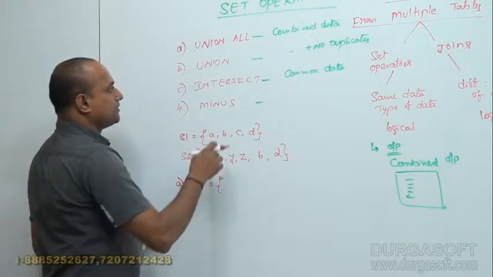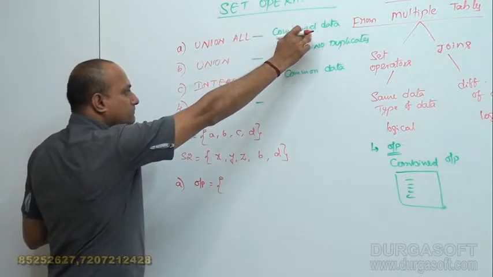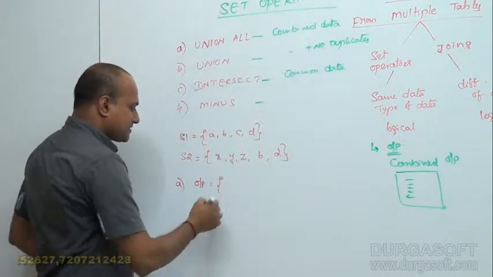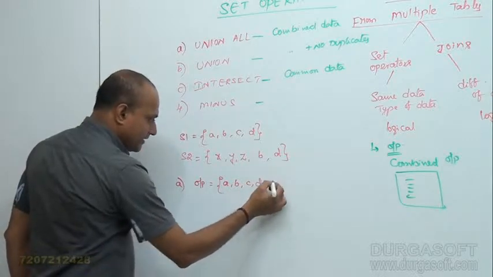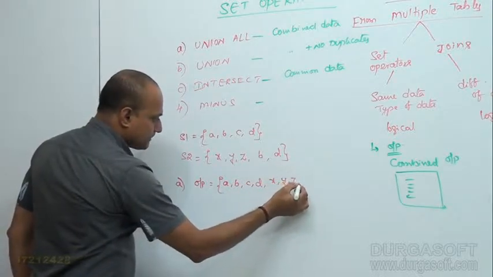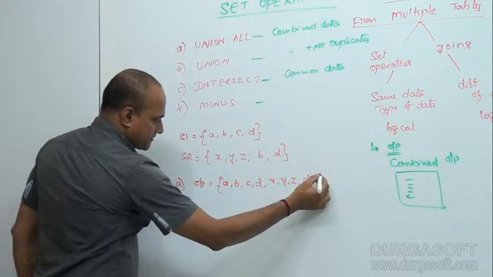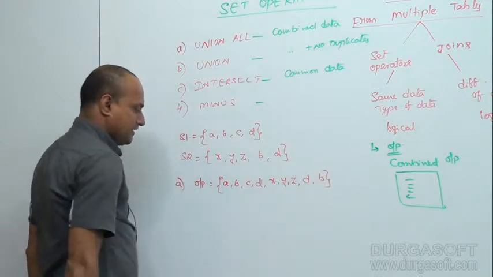Union all displays combined data along with duplicates: A, B, C, D, and also all values from the second set, X, Y, Z, B and also D.